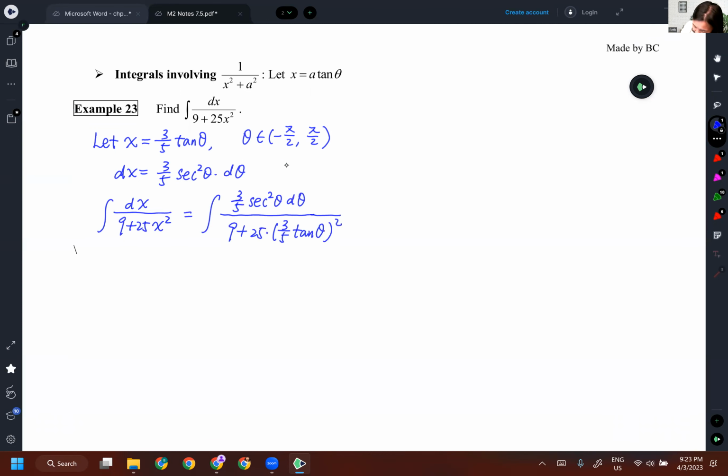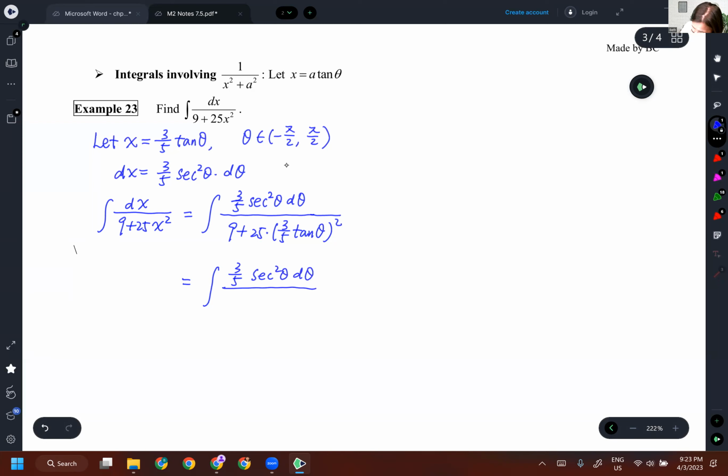Right? And then 3 over 5 secant squared. Right? And then this one is just 9 secant theta squared.